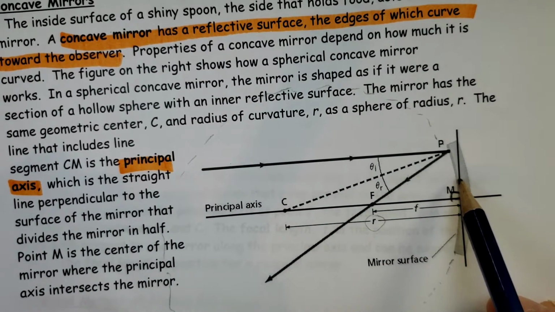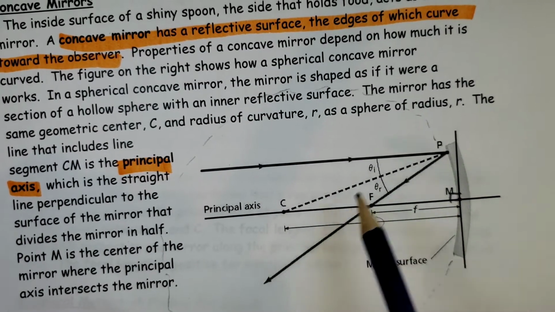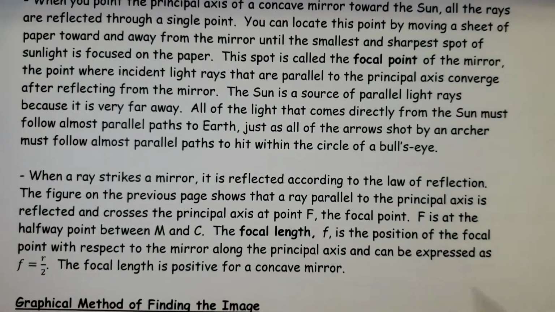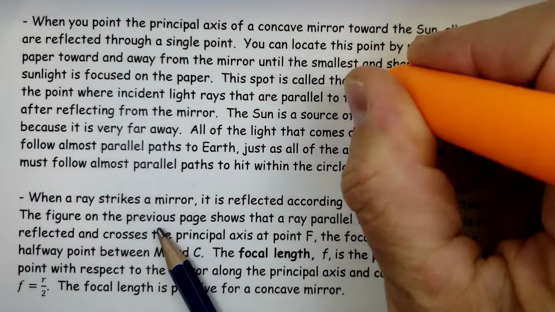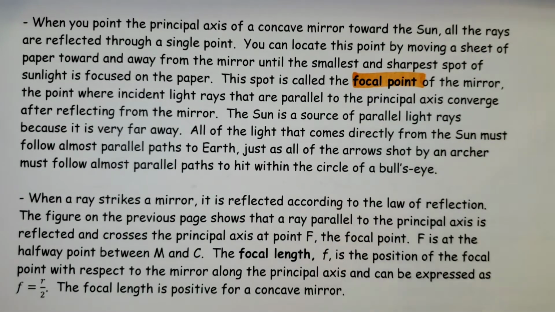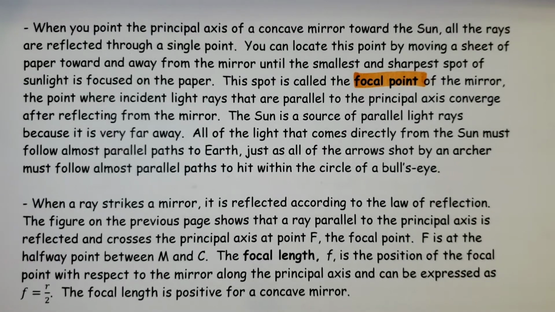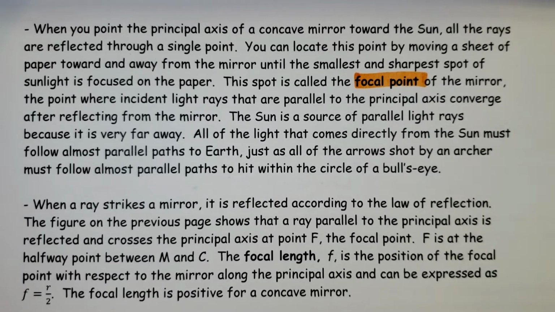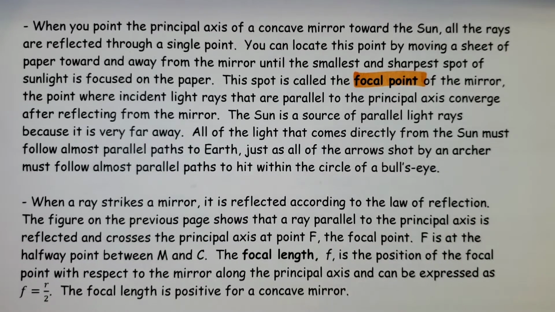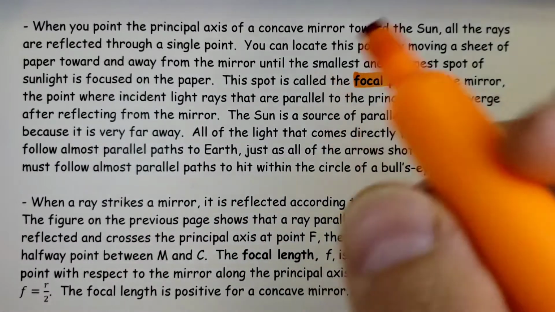If you hold this mirror towards the sun, they will be reflected, and you can actually catch that reflection on a piece of paper. That point is called the focal point of the mirror. So it can be determined by looking at how a distant illuminated object would appear on a piece of paper. That tells you the focal point of the mirror, where all the rays are directed to.